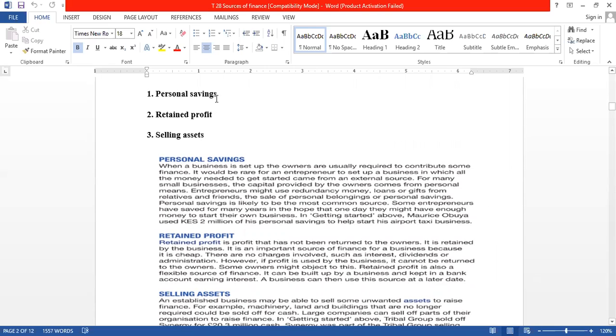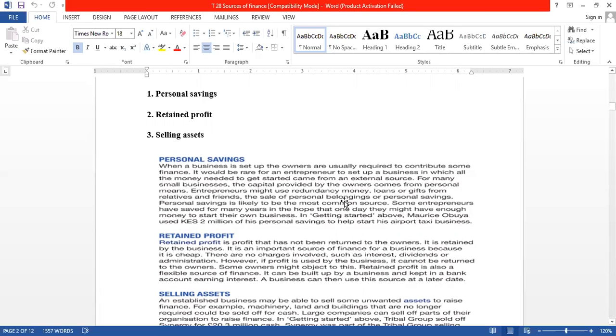Personal savings, another name we call owner's capital or equity, right? Owner's capital, personal savings, retained earnings, selling assets, right? This is our main focus today, to understand the main idea and the advantages and disadvantages of each and every one of these three sources.